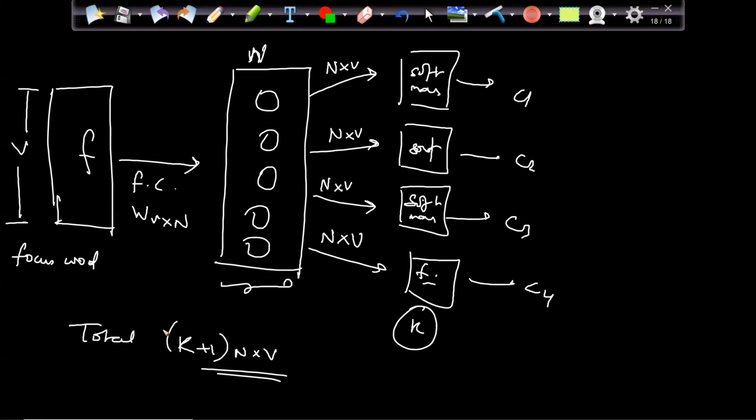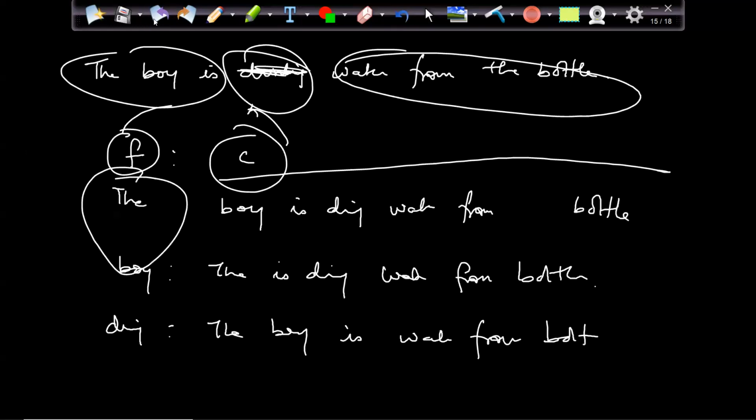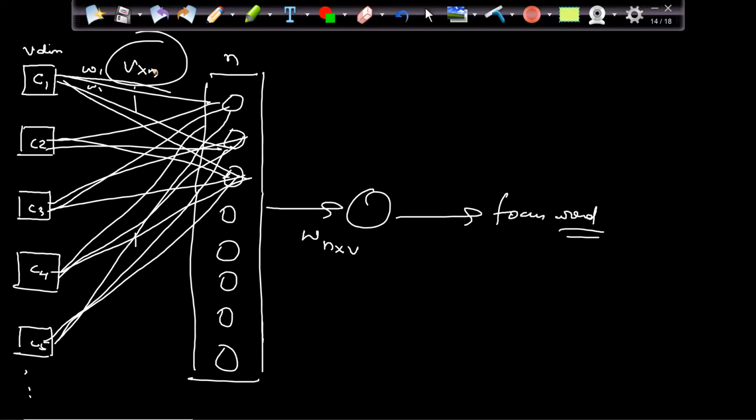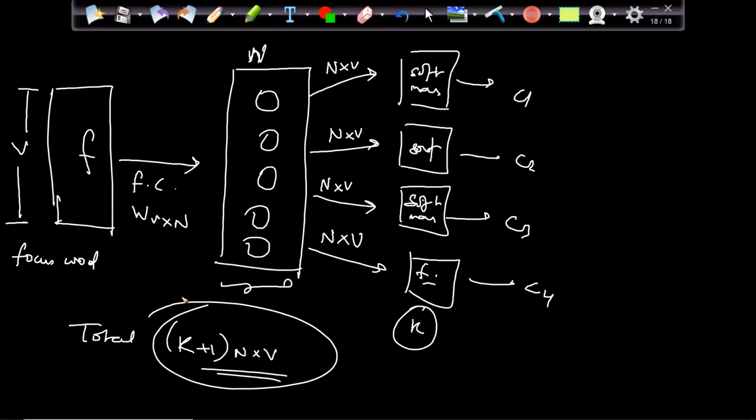And for CBOW also, the number of weights will remain the same, because here also you have V into N weights plus one weight here. So in total, K plus 1 N into V weights are there. So the number of weights I have to train in CBOW and skipgram are the same.